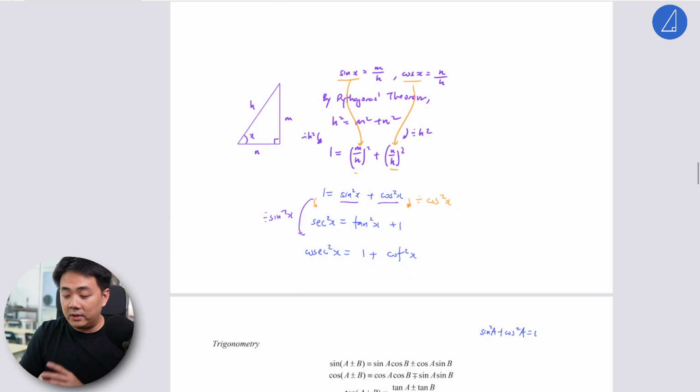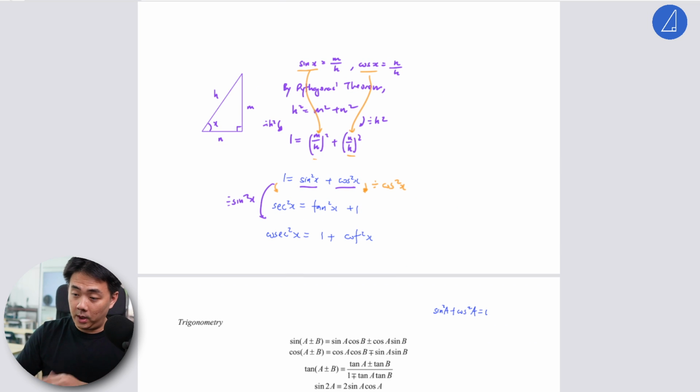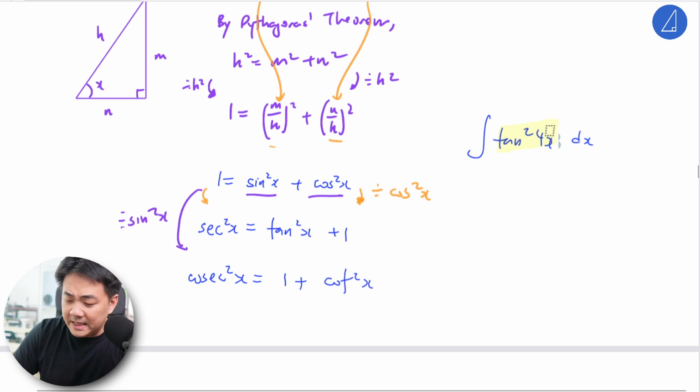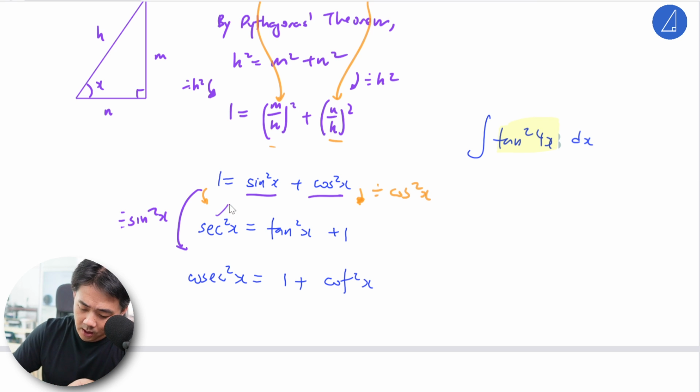You have to remember this formula, because whenever you are told to find an integration like this one, with tangent square 4x, you need to know that you cannot integrate tangent square. You can integrate secant square, and you can integrate cosecant square.